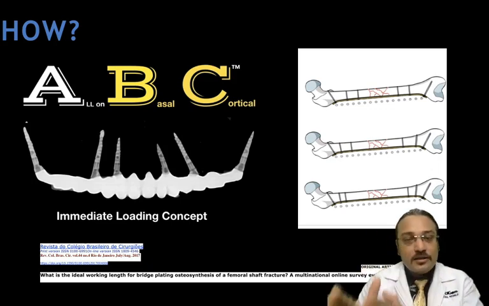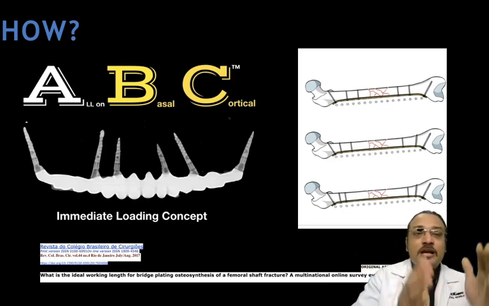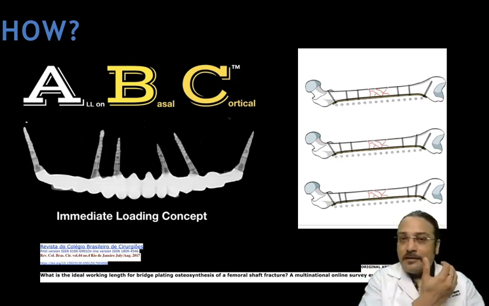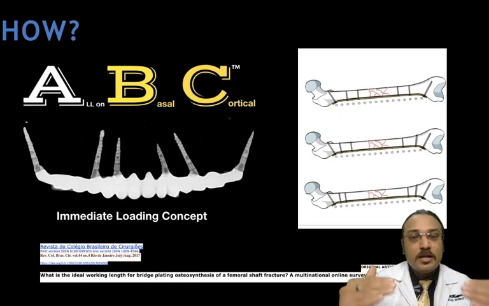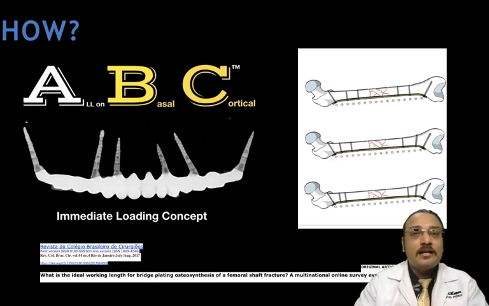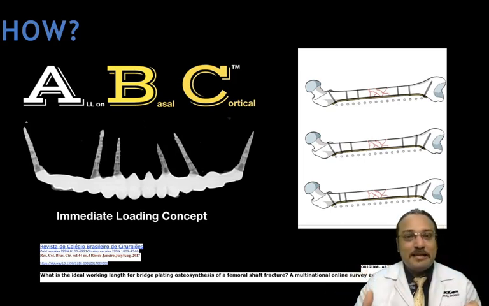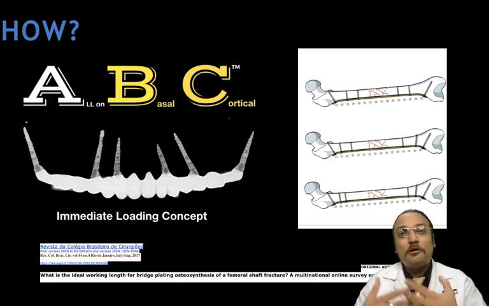If you compare the right image with the left image, which is your jawbone where a patient received fixed teeth, the teeth are nothing but similar to your fixation plate, and those implants are nothing but a fixation screw on your right side. So structurally, both the images are similar, and the ABC technique, that is all on basal cortical, is based on an orthopedic principle.